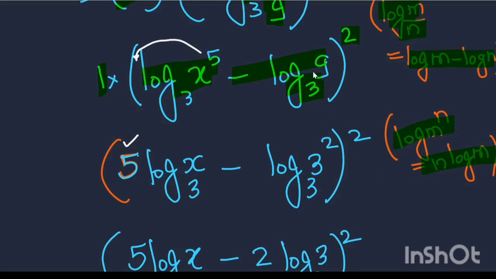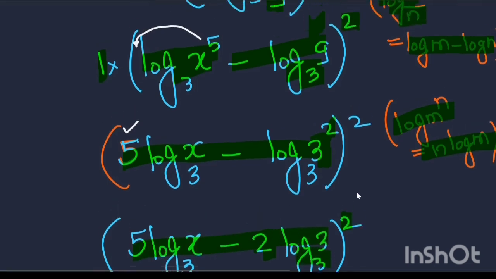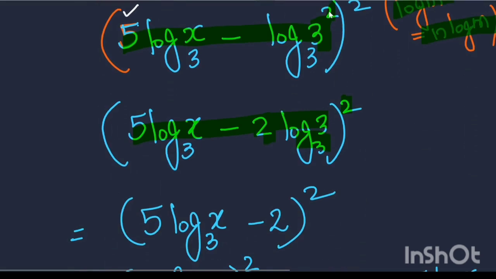Similarly, 9 we will write as 3 square, and 2 comes down. So 5 log x base 3 minus 2 log 3 base 3, and we know log 3 base 3 is 1, so this is minus 2 only.